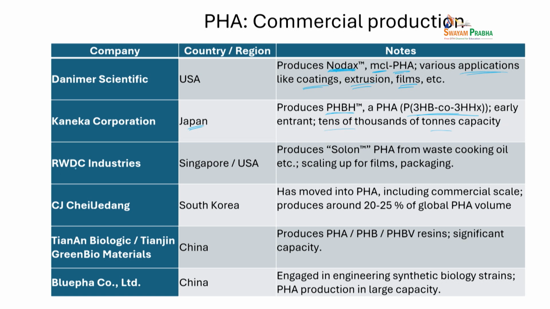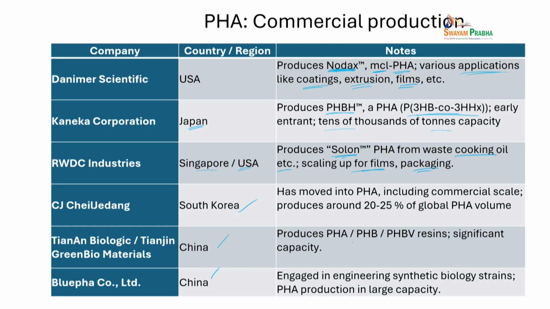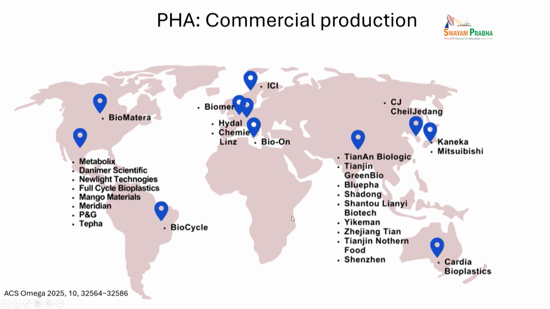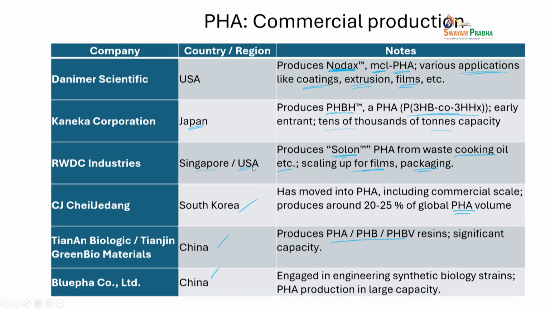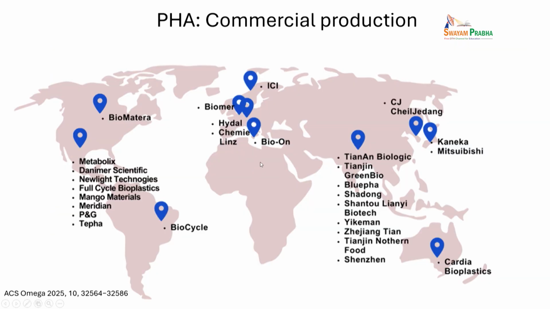RWDC is from Singapore, also from USA. They produce a resin called Solon, which is a PHA produced from waste cooking oil as a source, and they've been using it for films and packaging. And there are companies from South Korea and China, and you can see that there is production of various kinds of PHA. So in terms of company distribution, the previous table showed only a few of them, but this is more exhaustive, current as of 2025.